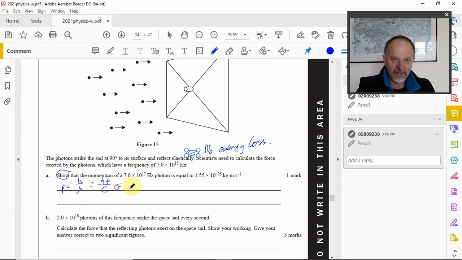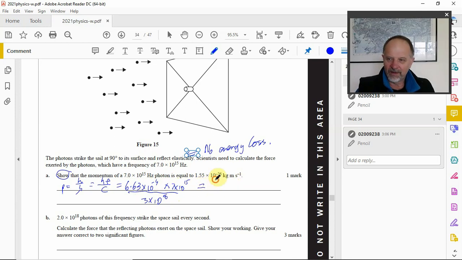All right, so that is 6.63 by 10 to the minus 34 for the Planck's constant. The frequency is there, 7 by 10 to the 15. And the speed of light, of course, is 3 by 10 to the 8. And we put all of that in our calculator.